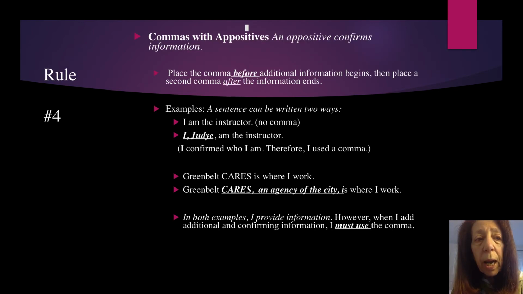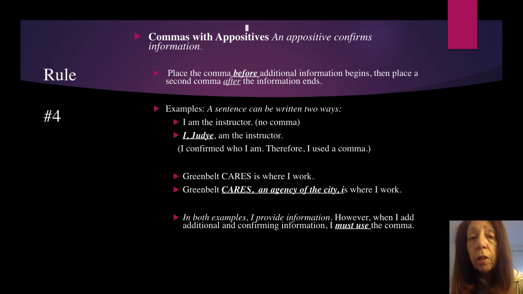This is called an appositive. The appositive clarifies information. What it does is you say something, comma, you confirm it, comma, and then you go along with the rest of the sentence. So if I say, I am your instructor, period, full sentence.